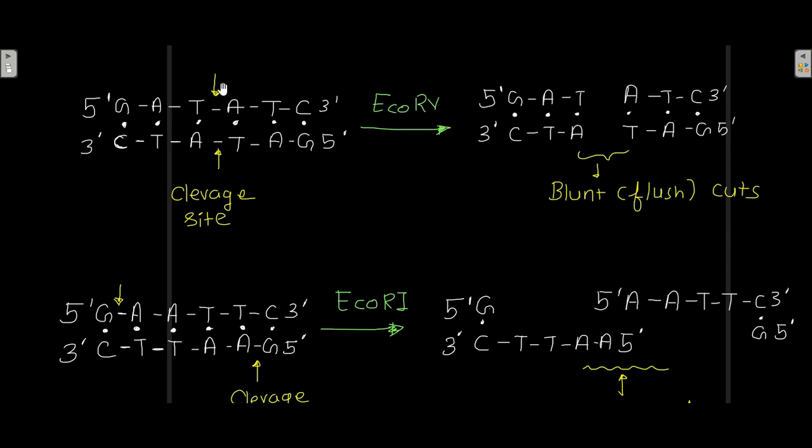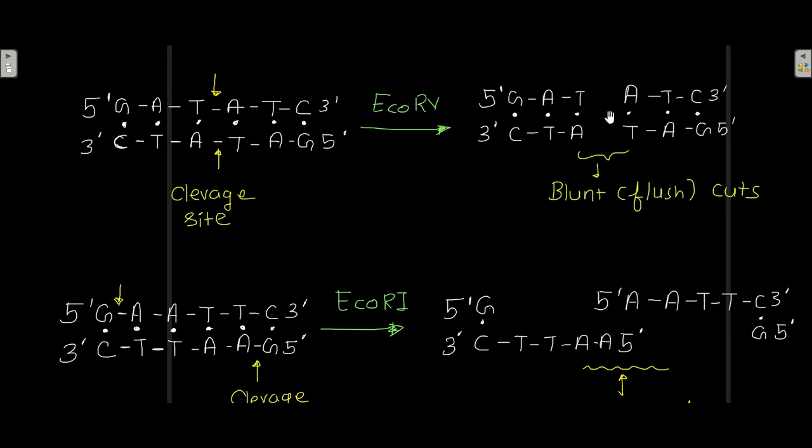This is where the restriction enzyme is cutting the DNA fragment, and this is the restriction enzyme EcoRV, and when it cuts at this cleavage point, this is how the fragment is split up.